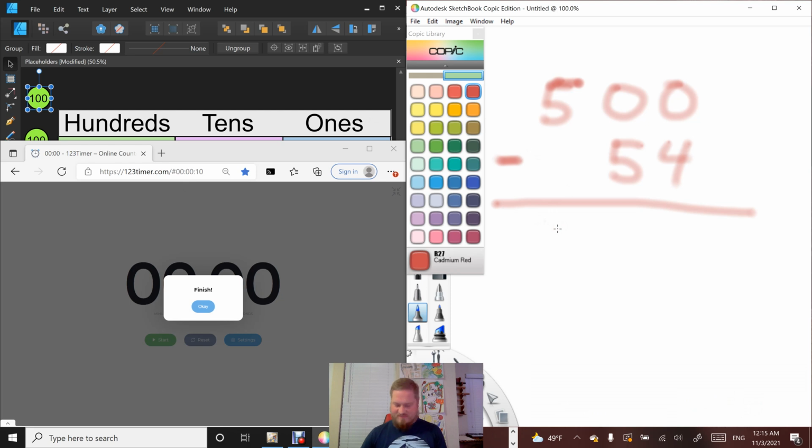Okay, you're back from finishing the problem. So let's just go through it real quickly. We don't have any jelly beans here in the ones column to take away 4 from. And we don't even have any jelly beans in the tens column that we could lend to the ones column. So we can't borrow from the tens column.